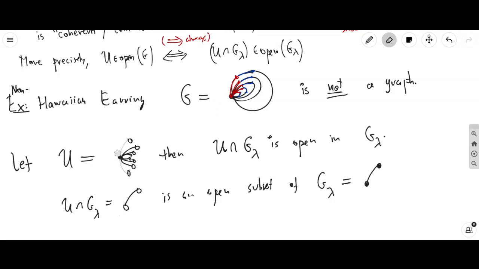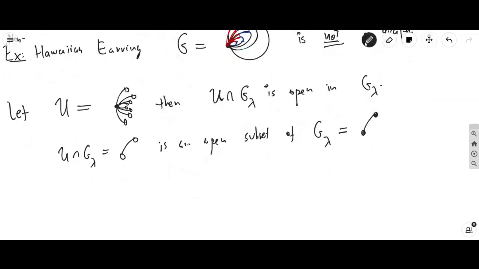And it does not matter which one you use, right? There's infinitely many edges, but when you take this figure and you intersect with each one of them, you get an open subset. So thus, this U is open in each G lambda.